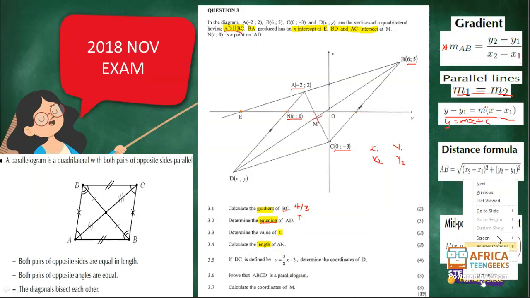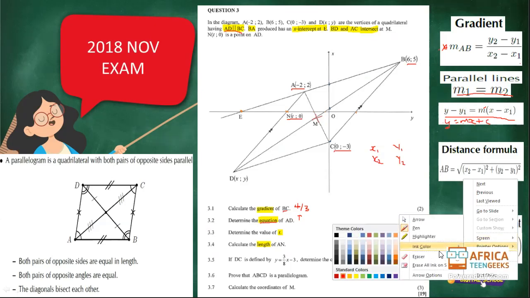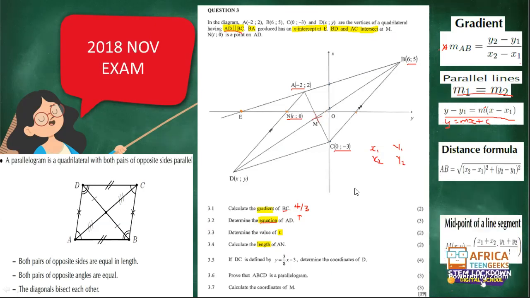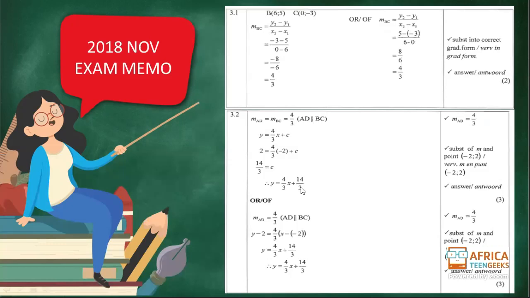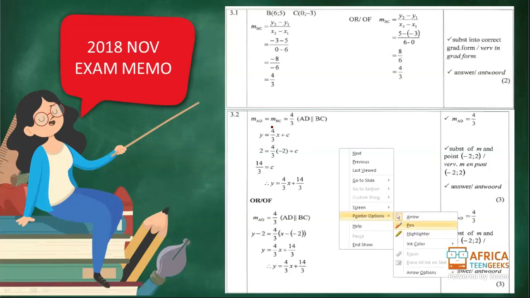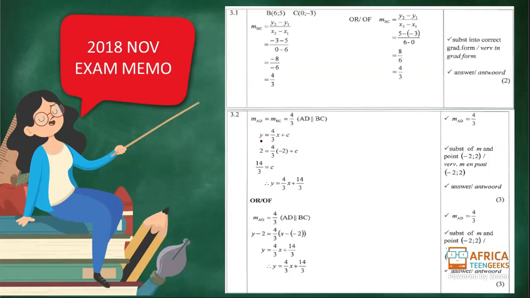So if you calculated your equation, remember the two methods I mentioned, you can either use this one to get your c, and then you substitute it back into your equation, okay?